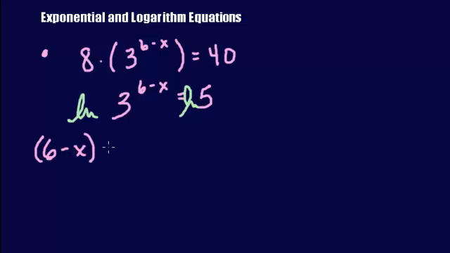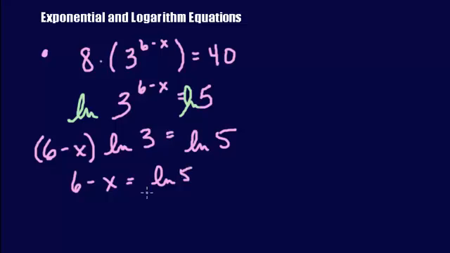So I'll have 6 minus x multiplied by natural log of 3 equals the natural log of 5. I'm going to divide both sides by this natural log of 3 so that I'll have 6 minus x equals the natural log of 5 divided by the natural log of 3.